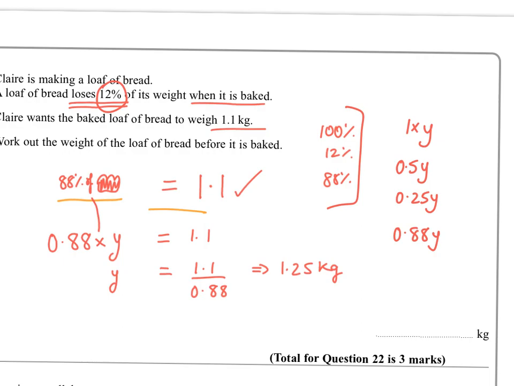And that's what students find a little bit difficult. So say if you lost 1% of your value, what would you have left, do you think? Well, 0.99 of y. But if you lost 0.5%, what do you think it would be? Well, it would be 0.995y.